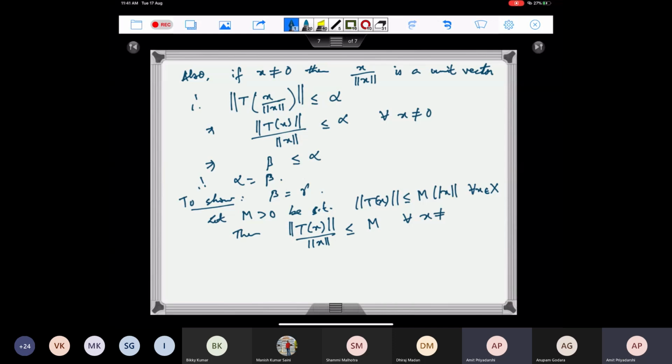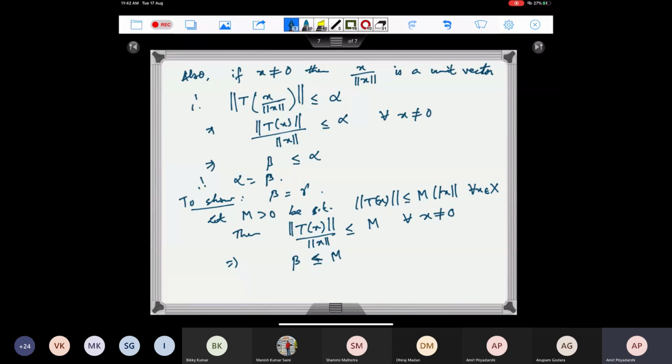So beta is less than or equal to any m for which norm Tx is less than or equal to m times norm x. This is true for every such m. So therefore, beta has to be less than or equal to gamma.